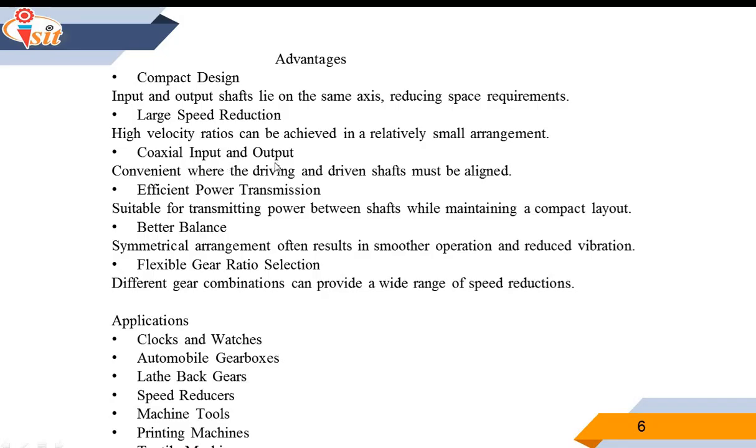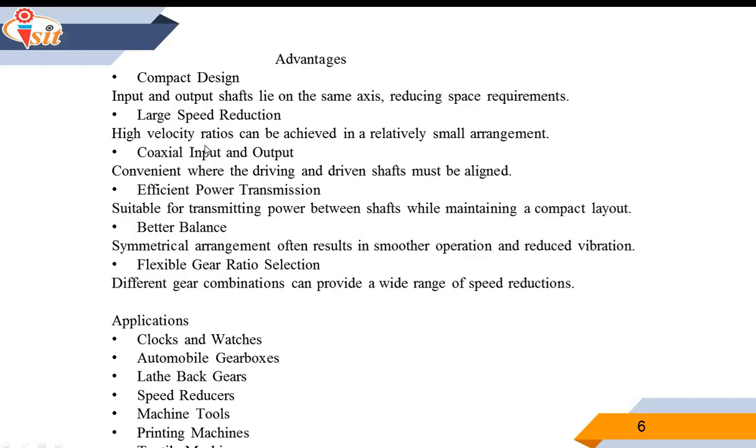Coaxial input and output is convenient when the driving and driven shafts must be aligned. Efficient power transmission, suitable for transmitting power between shafts while maintaining a compact layout. Better balance, as symmetrical arrangement often results in smoother operation and reduced vibration, and flexible gear ratio selection.